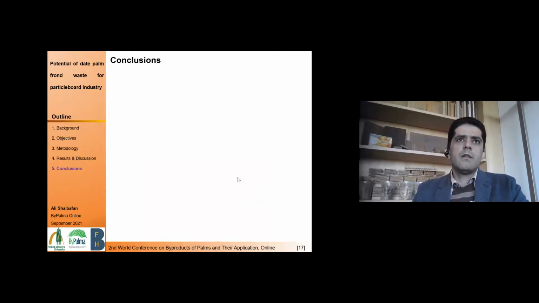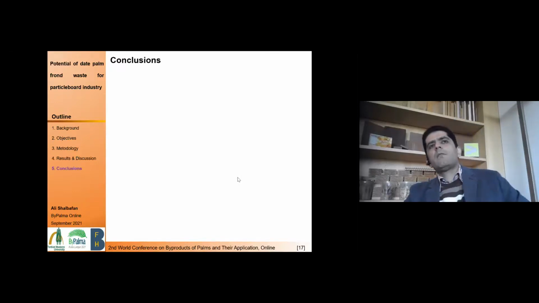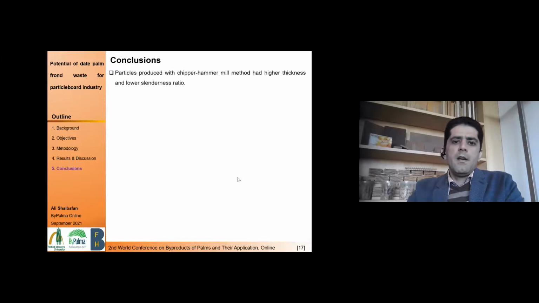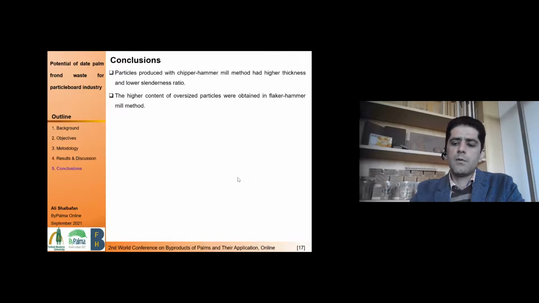Now, considering these results and some more results which we already received in these two projects, I would like to present some of the main conclusions. The particles produced with the cheaper hammer mill method had higher thickness and lower slenderness ratio, which is actually good for board production.